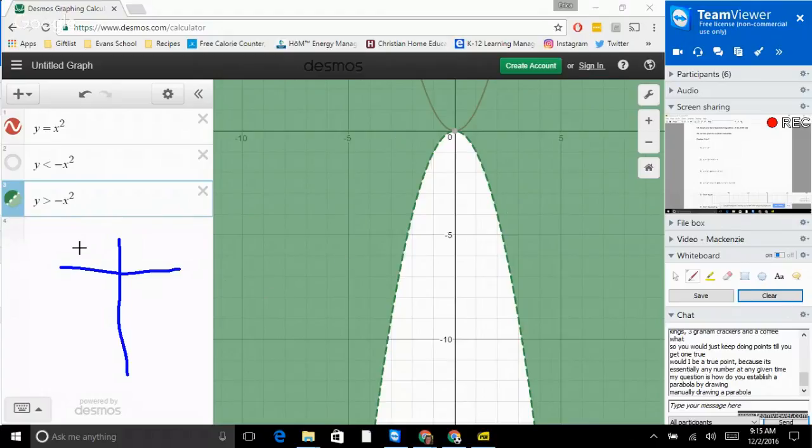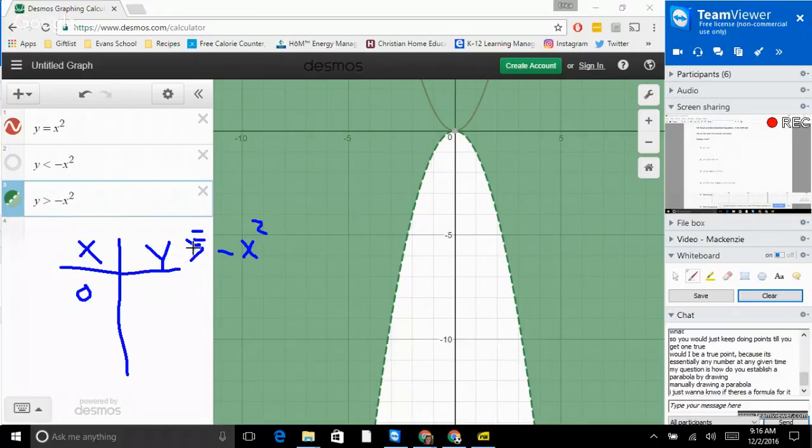without Desmos, what you would do is, there's no formula for it. You would just actually have to make a little chart, like we did with the green one. And what you actually would do to graph the parabola is make it equal and then figure out the shading. So when x equals 0, y equals 0.